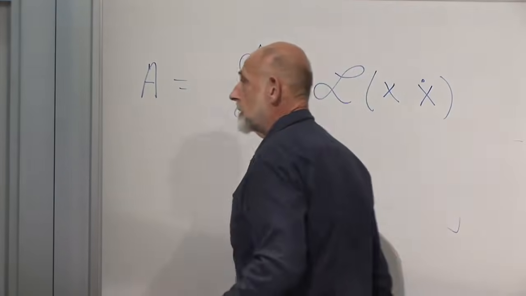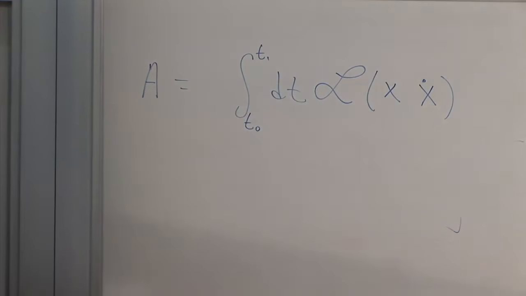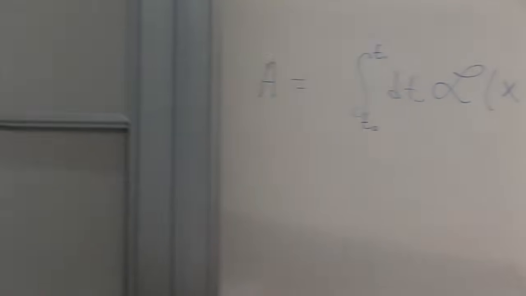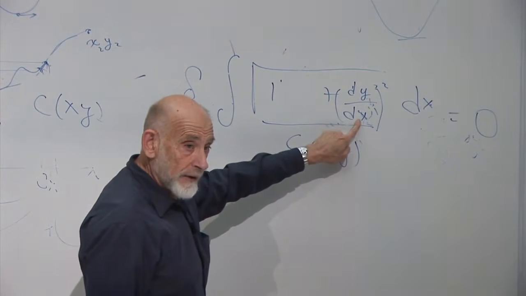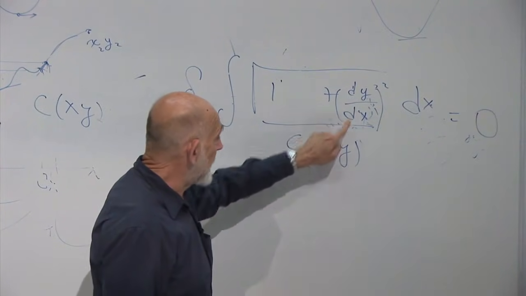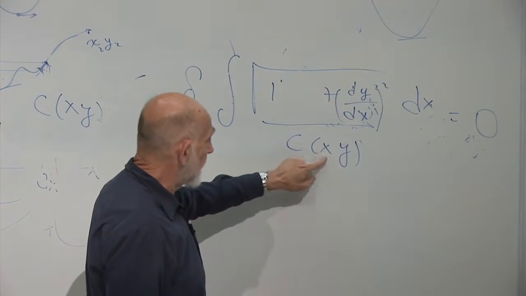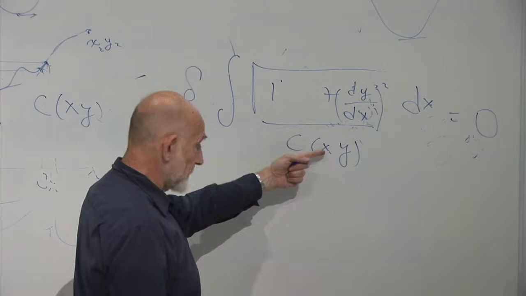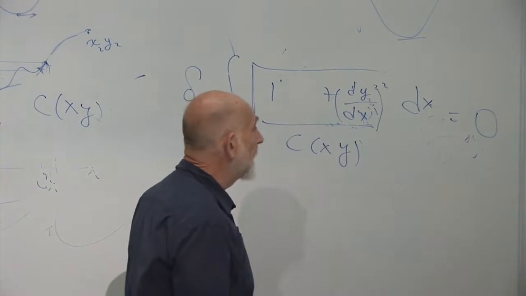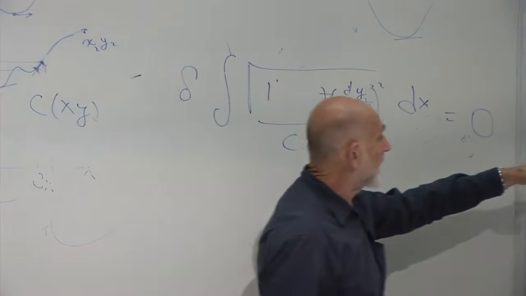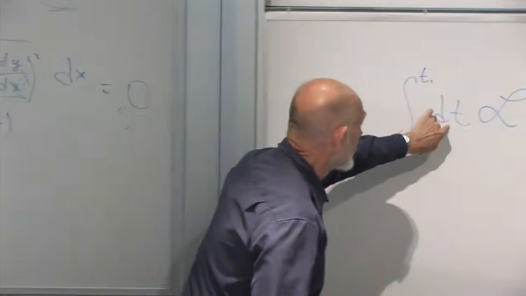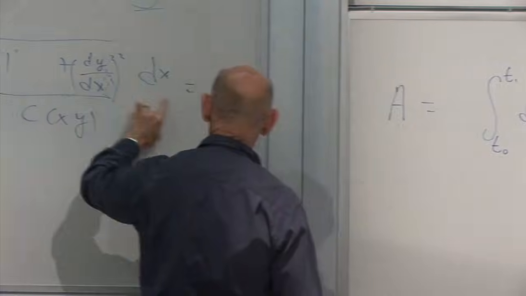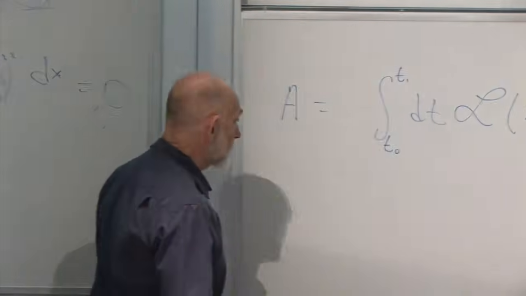That's analogous to the situation over here where the thing in the integral depended on both the derivative of the function and x itself, maybe even y. The analogy here would have x being like t. Here the thing you're integrating over is x; there, the thing you're integrating over is t.